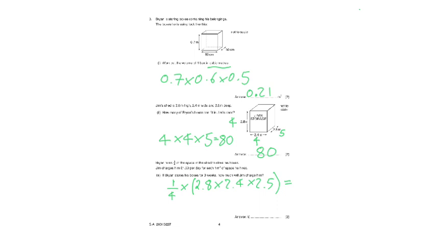So 8 times 2.4 times 5, divided by 4. So it's 4.2 meters cubed. That's how much he hired.